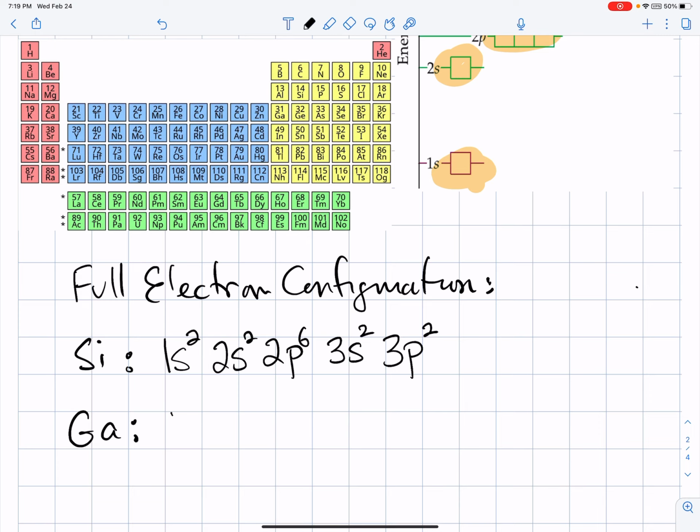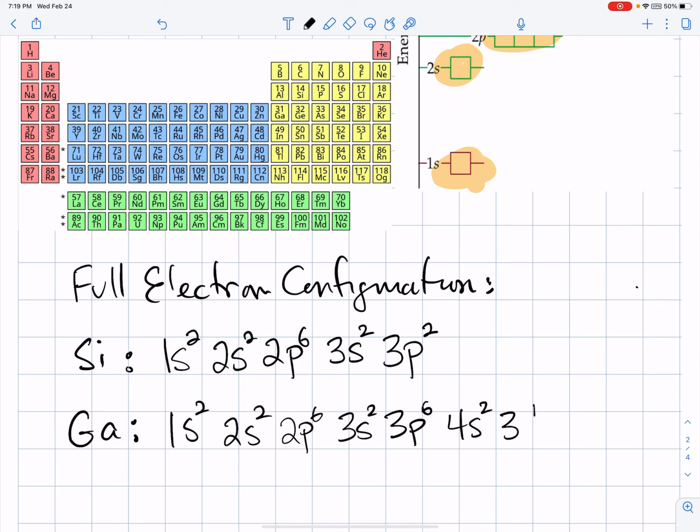For gallium, 1s2, we're at helium, 2s2 and 2p6, we're at neon on the periodic table, 3s2, 3p6, now I'm at argon, and then entering into the fourth row of the periodic table, 4s2, there's calcium, 3d.